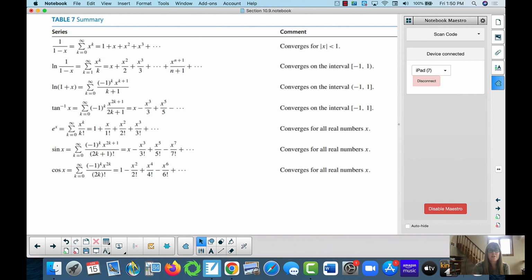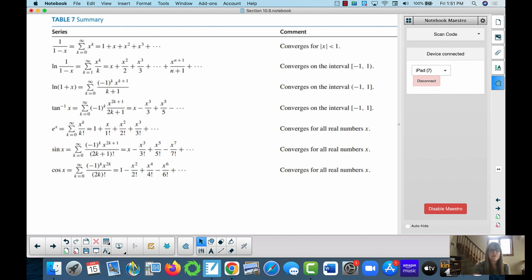This is the geometric series that represents 1 over 1 minus x. That's how we get the sum for that geometric series. This is the series that represents the natural log of 1 over 1 minus x. So that's the one we did that example of where we used the integral. This is one natural log of 1 plus x.